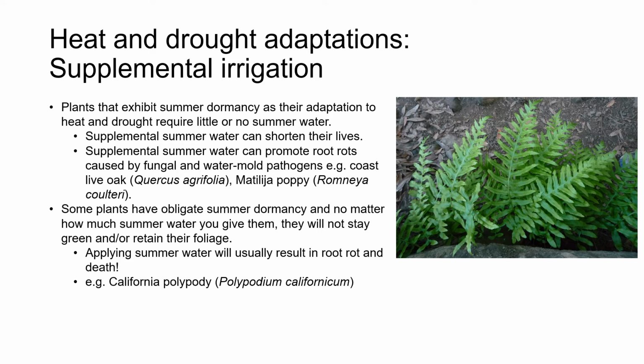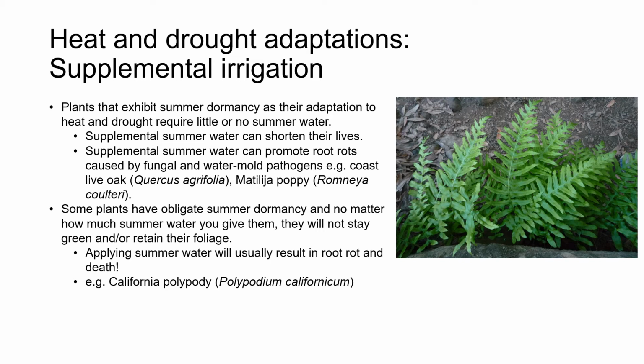Supplemental summer water can also promote root rots caused by fungal and water mold pathogens. Plants that are particularly vulnerable to this are our native coast live oak, Quercus agrifolia, Matilija poppy, and California flannelbush, the Fremontodendrons.